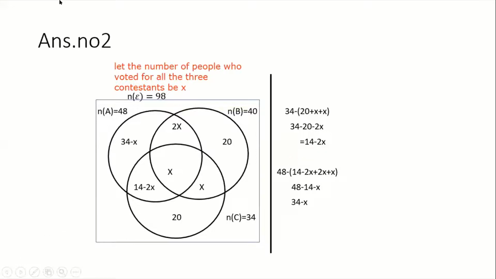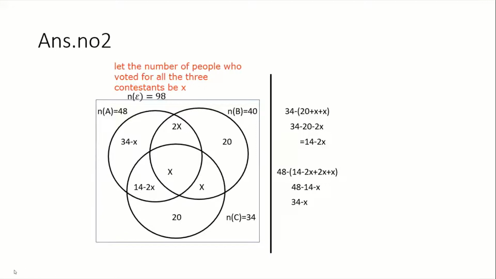If you are well conversant with the B set, we shall go ahead and find our x directly without finding the 34 minus x and 14 minus x.